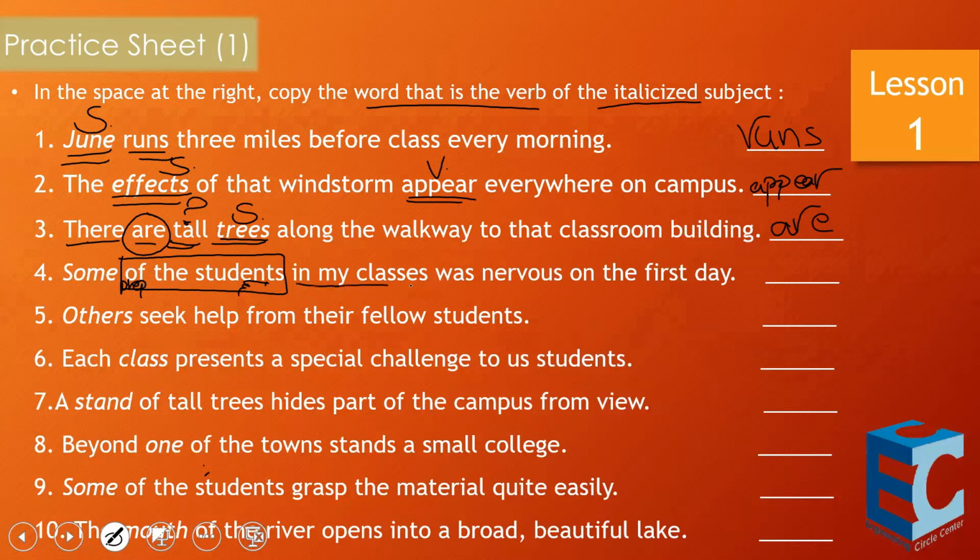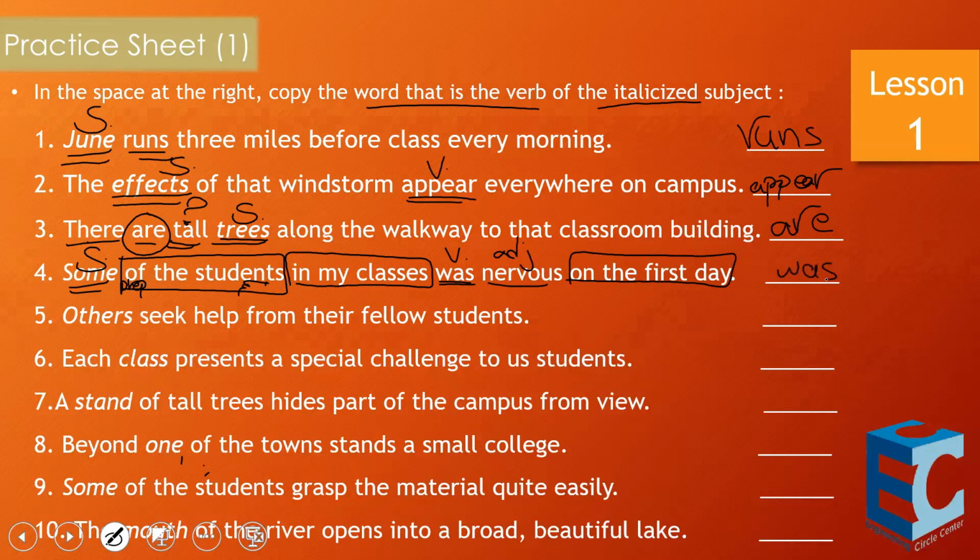In my classes نفس الإشي. In preposition classes هي اسم لإن اسم مجرور لإن. Was nervous on the first day. On the first day برضو بسكر عليهم. رح أطلع الجملة هيك. Some was nervous. So some is the subject and was is the verb. Nervous is an adjective. So the verb is was.